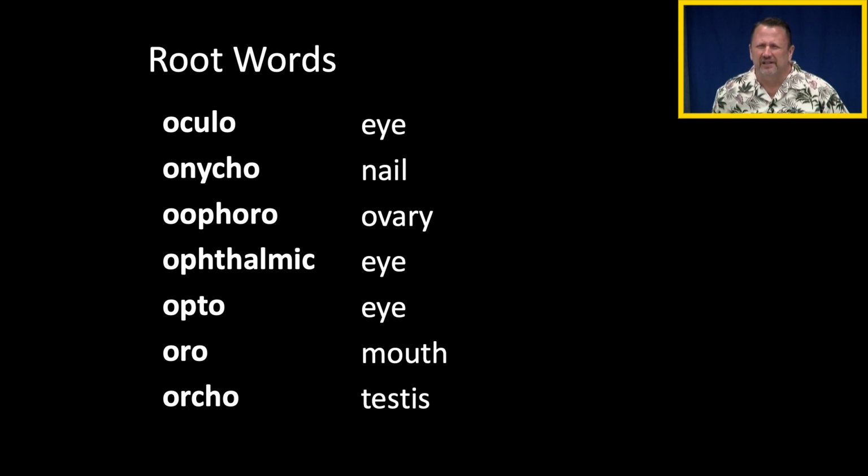Oculo, as in ophthalmic, ophtho, refers to the eye. Something I want you to see about spelling is sometimes you'll see opto spelled without a P or without an H, and then sometimes you'll see ophthal spelled with an OPH.